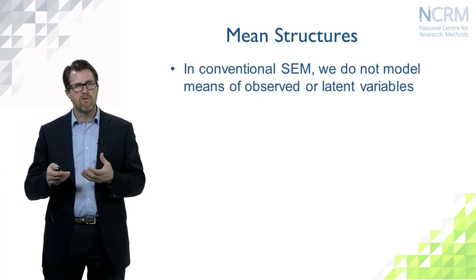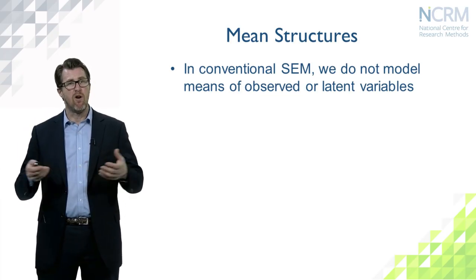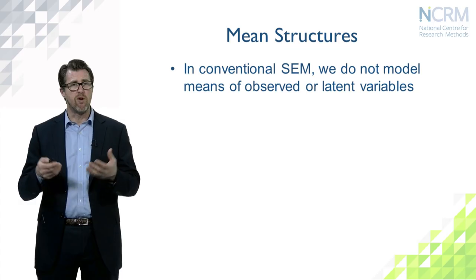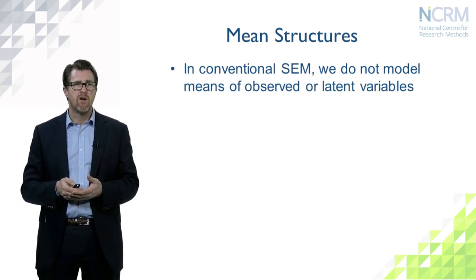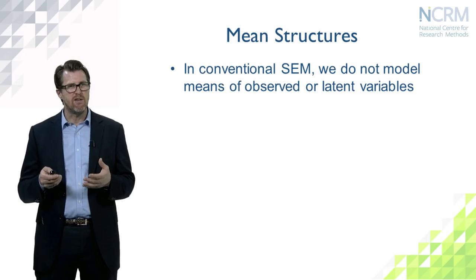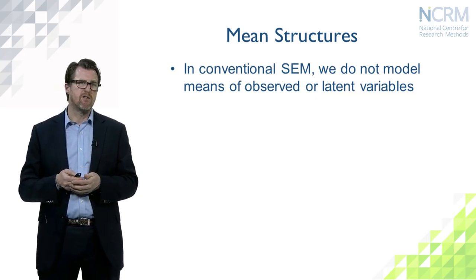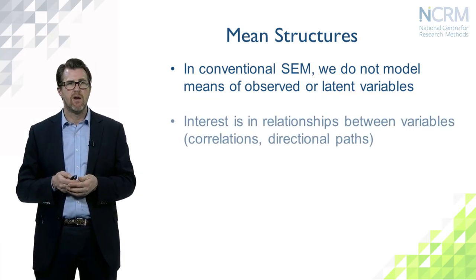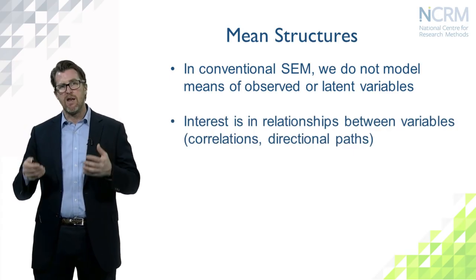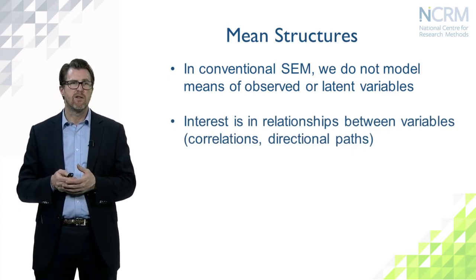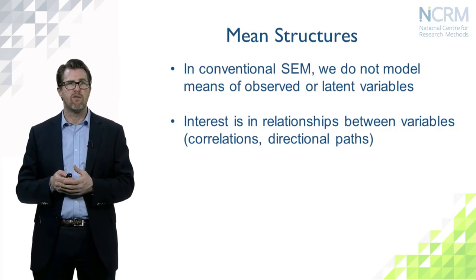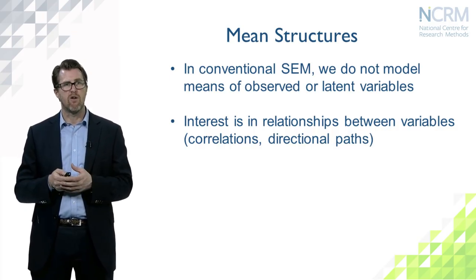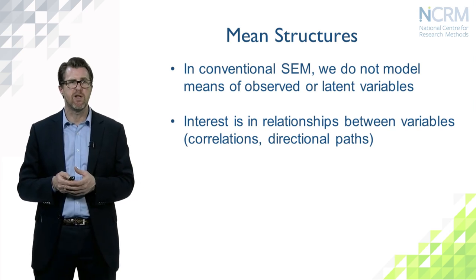And so conventional SEM is focused on the structural model, the relationships between concepts. So we are not so interested in the means of the observed or the latent variables. And in the conventional way of doing SEM, that isn't a focus. The focus is on covariances and correlations, relationships between the variables.